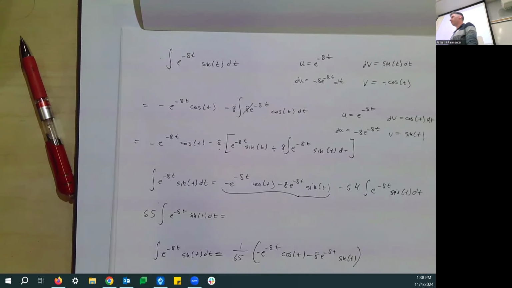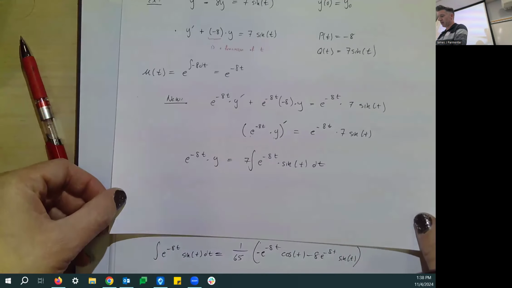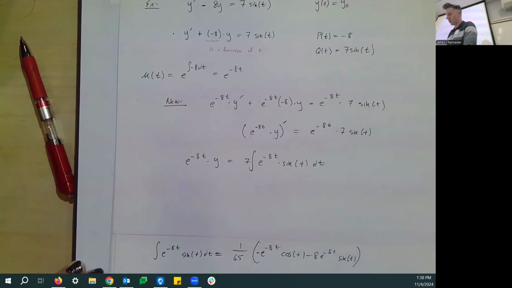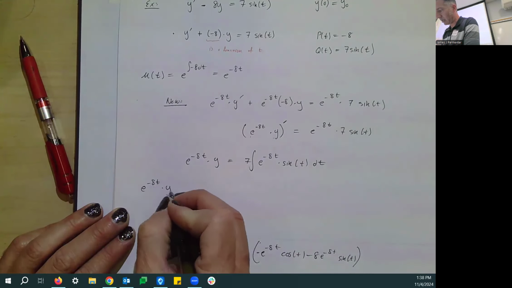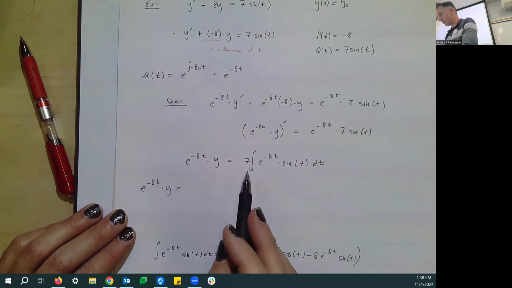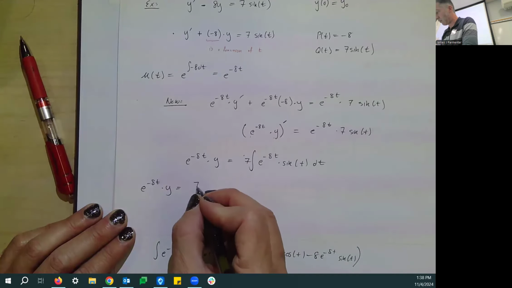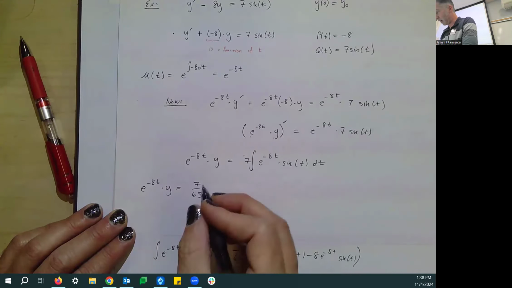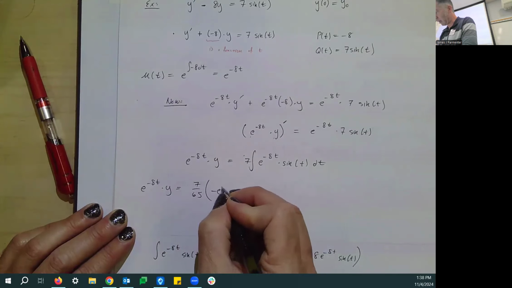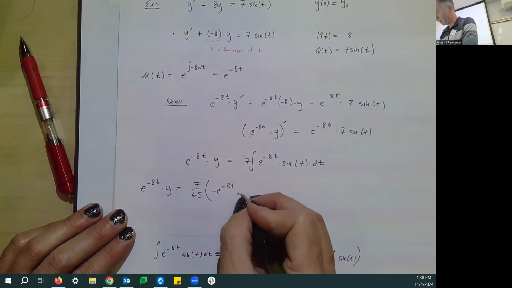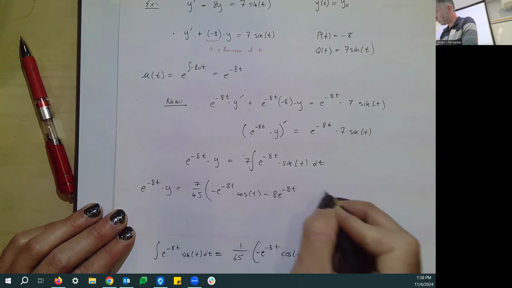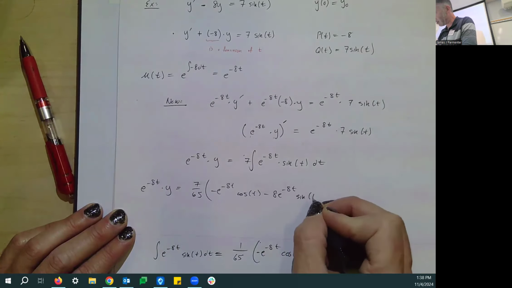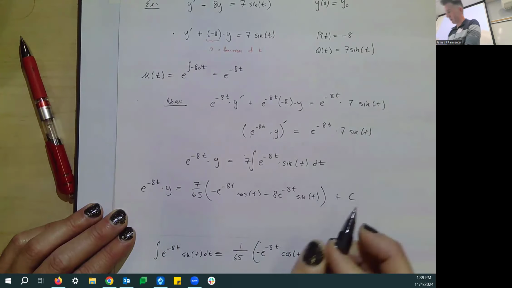So back to the problem we were looking at. That means that here we can say that e to the negative 8t times y is equal to 7 times all that. So 7 over 65 times negative e to the negative 8t times cosine of t minus 8 e to the negative 8t times sine of t plus c.